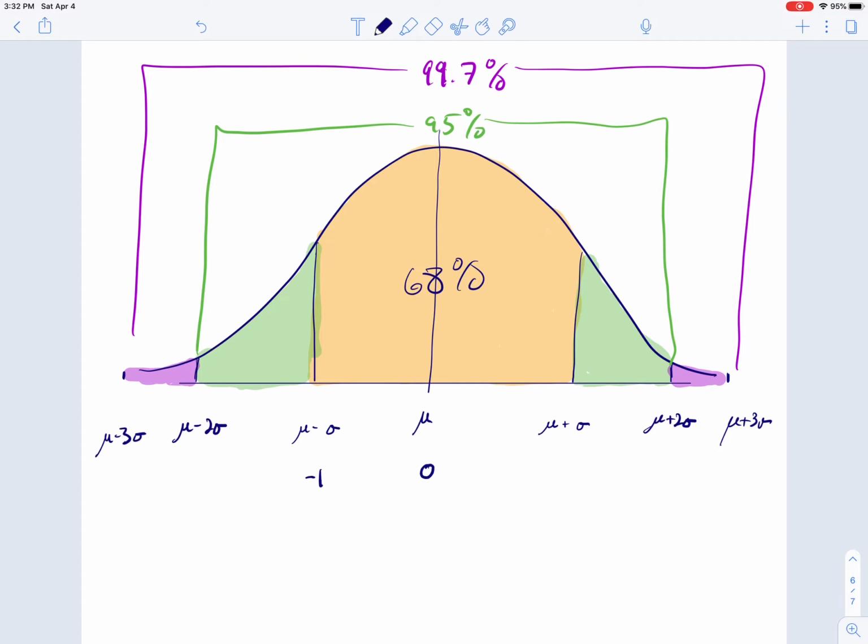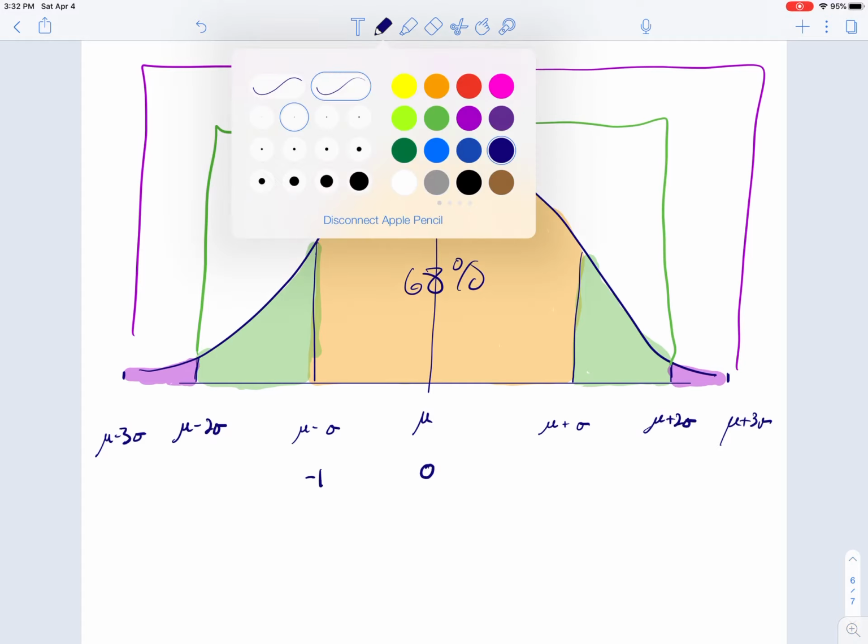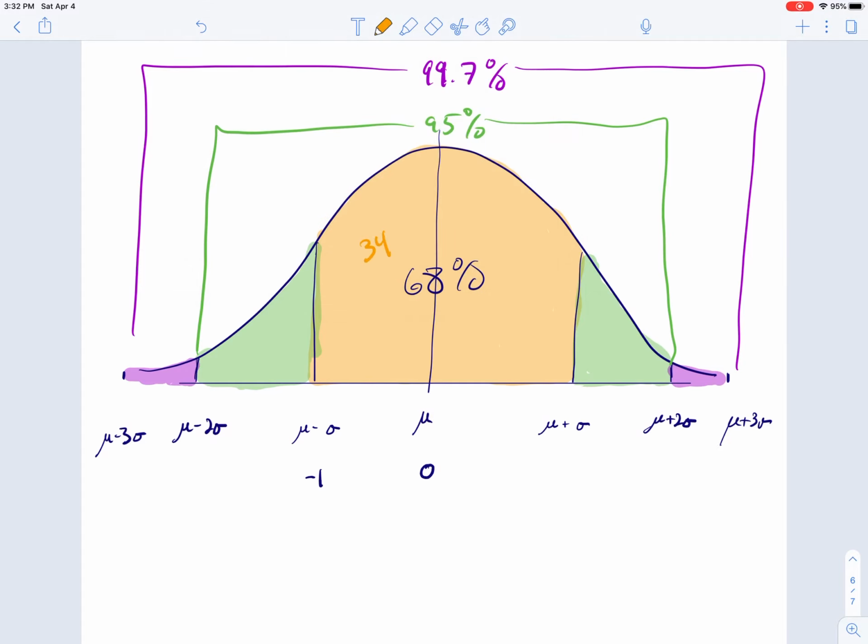So if the 68 is orange, half of that is 34%. So this region over here is 34%. This is also 34%. So if we're going to the left, if we have a z-score of -1, we're talking about what percent is to the left, right?